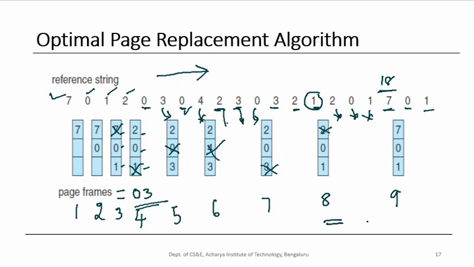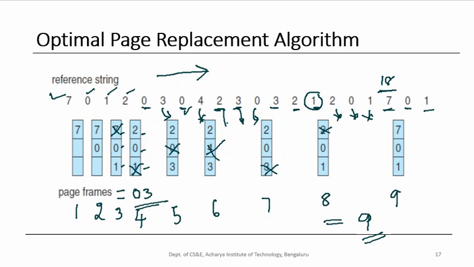So how many page faults have occurred? 9 page faults have occurred. In case of first in first out page replacement algorithms, we have seen there were 15 page faults. So compared to that, this algorithm has brought the number of page faults down to the minimum.